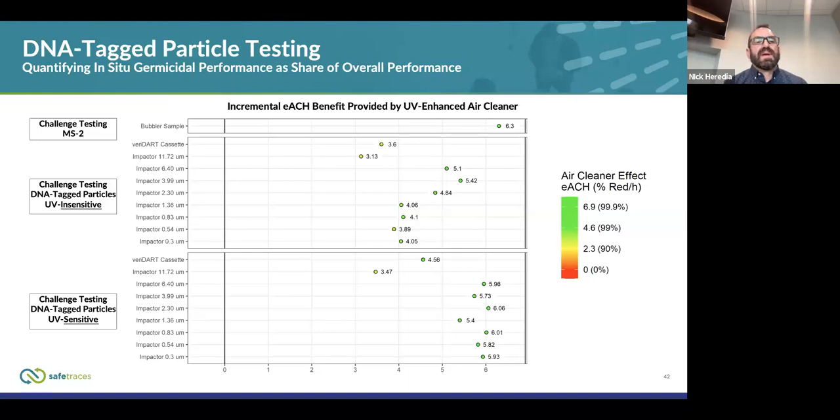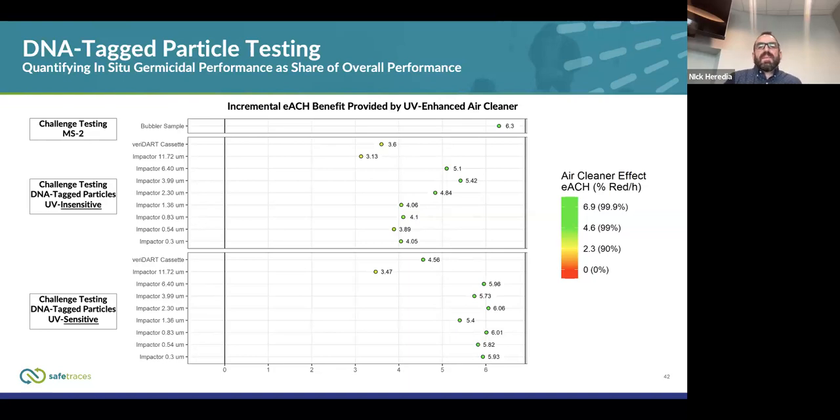When we did the study, we actually broke it down into different particle sizes using an impactor study. So basically we can take very fine samples of the particles that are aerosolized and see the distribution and contributions of those particles at different sizes, from roughly 10 microns down to 0.3 microns.